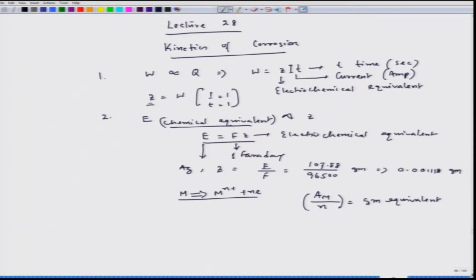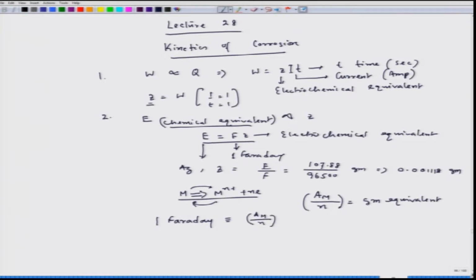Now, if I send 1 Faraday of electricity, that means 96500 coulomb of charge, it will always liberate when it transforms to metal ion, or it will also deposit the metal of this amount, which is A m divided by n.